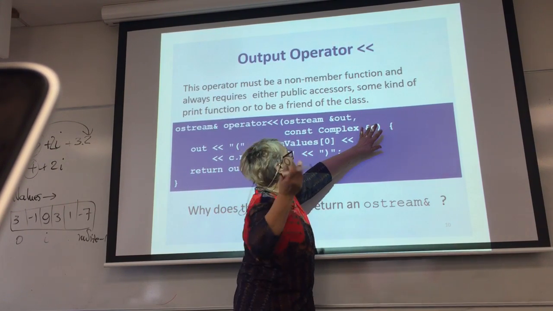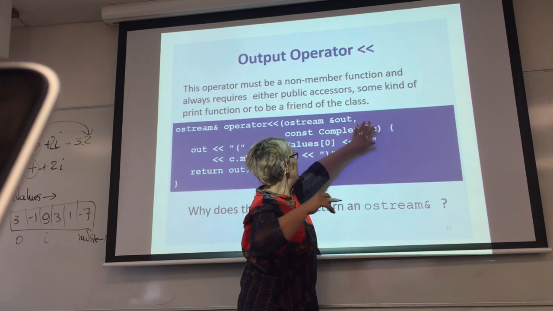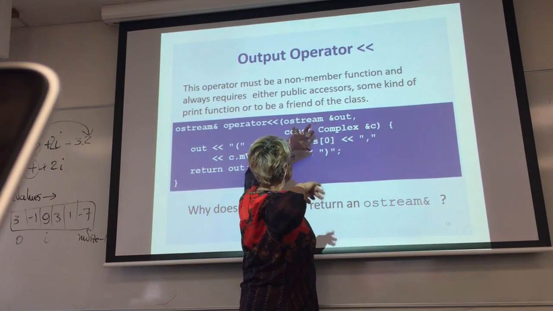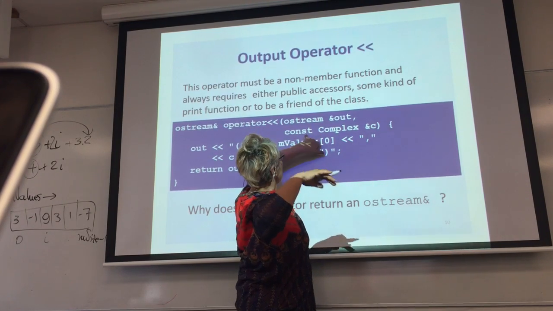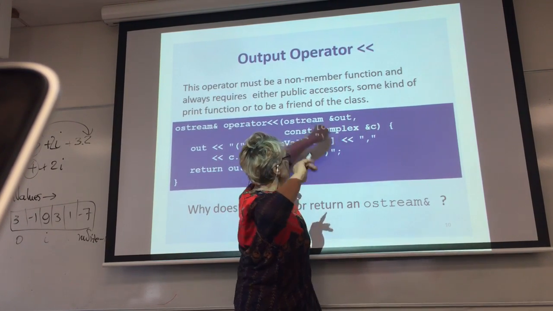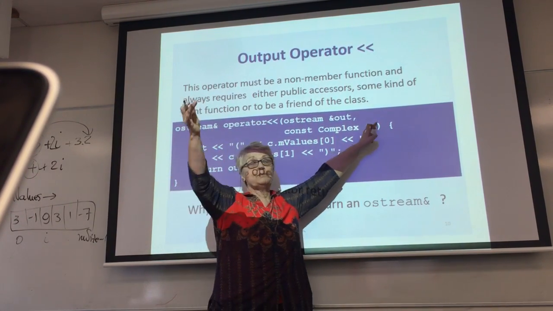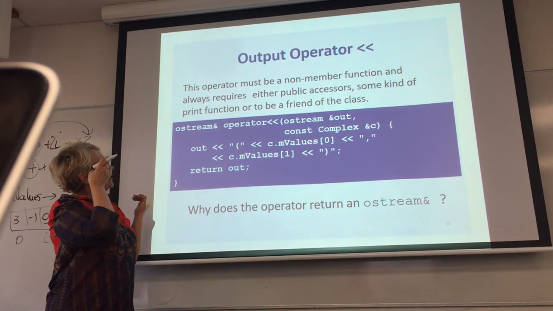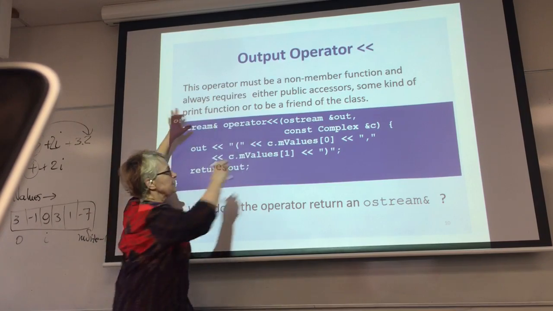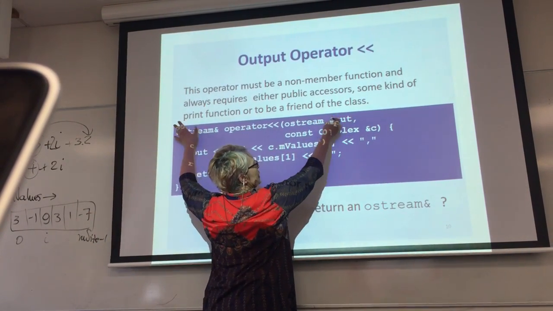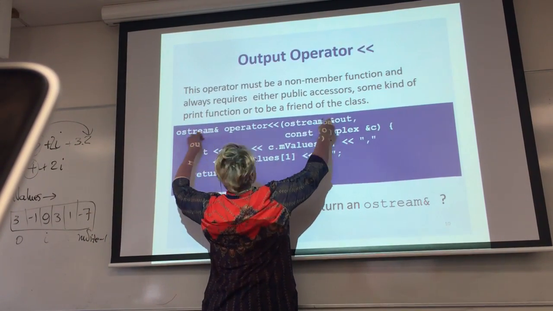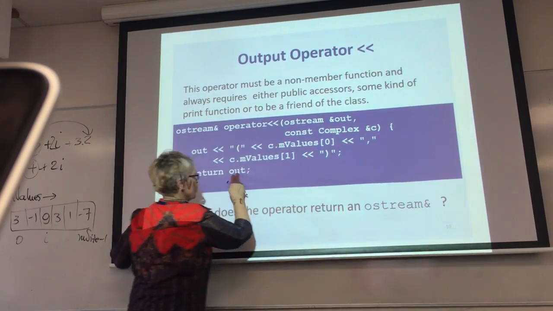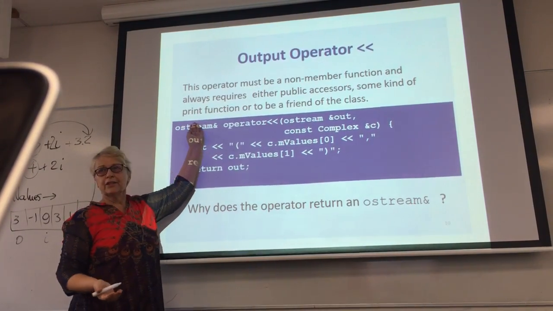So be aware, this is always a parameter of the output operator, and always a constant reference, because when you display something, you are not meant to change anything. Right? Return. This is what is returned. Therefore, this is the type of the return of the function.